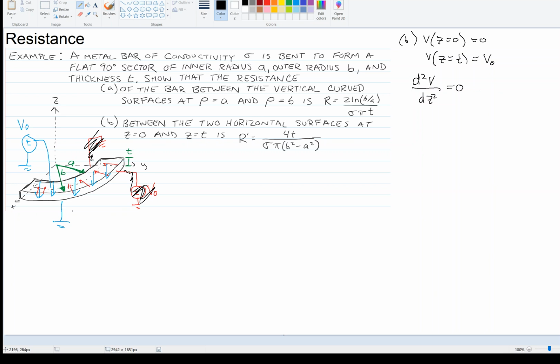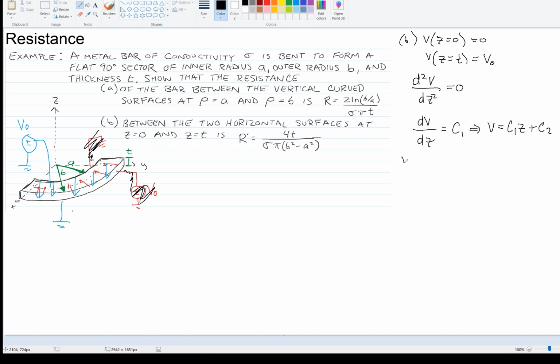The voltage is not varying in any other direction. So we integrate once. We have the second derivative of something equals 0. So when we integrate once, we know that the first derivative must be a constant. And then when we integrate twice, we know that then the voltage has got to be C1 times z plus another constant.